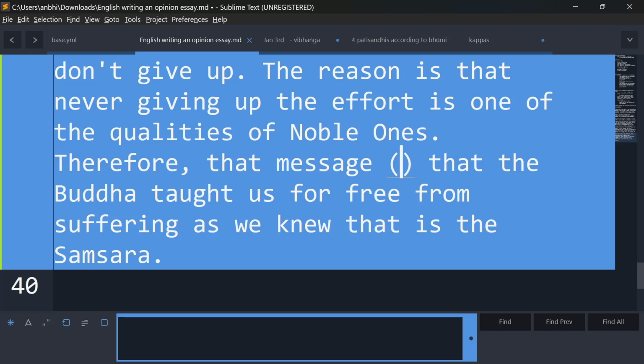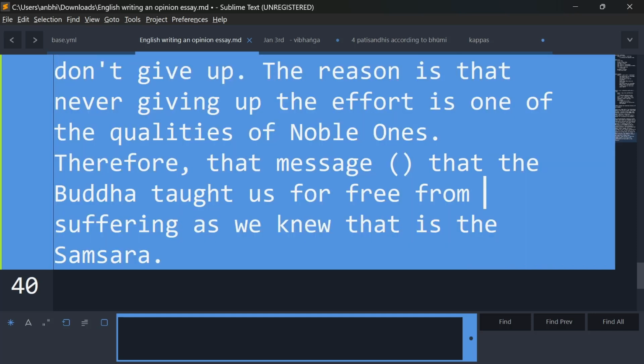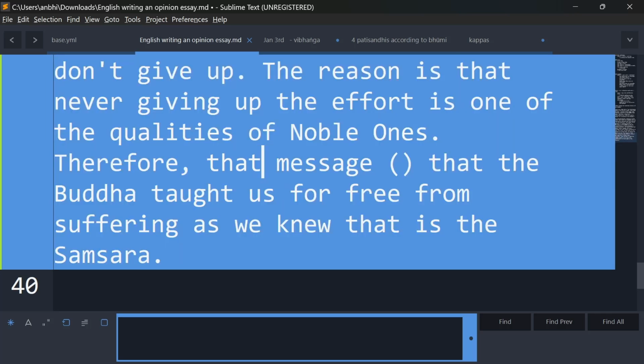What the Buddha teaches us is... I think you can put in order to do that. This sounds more natural. And instead of this, that, another that, that message, therefore, the message.